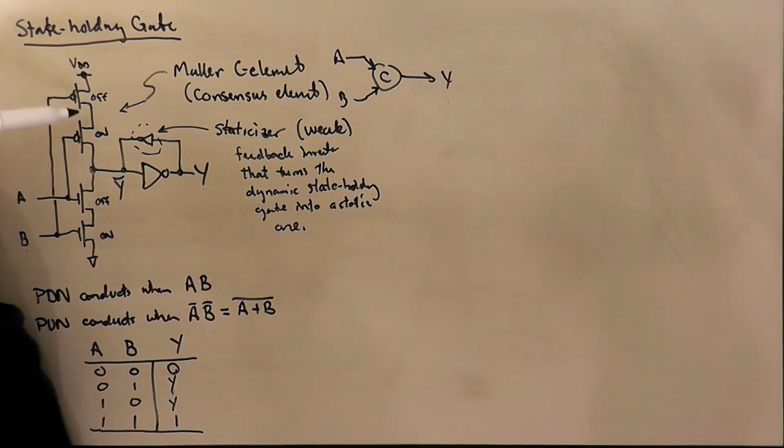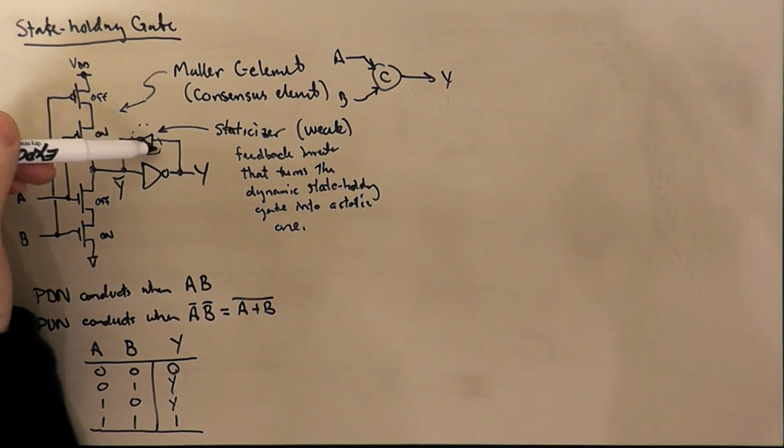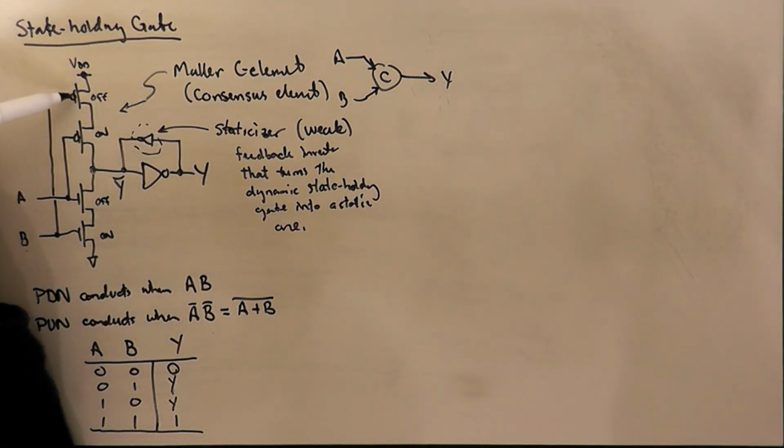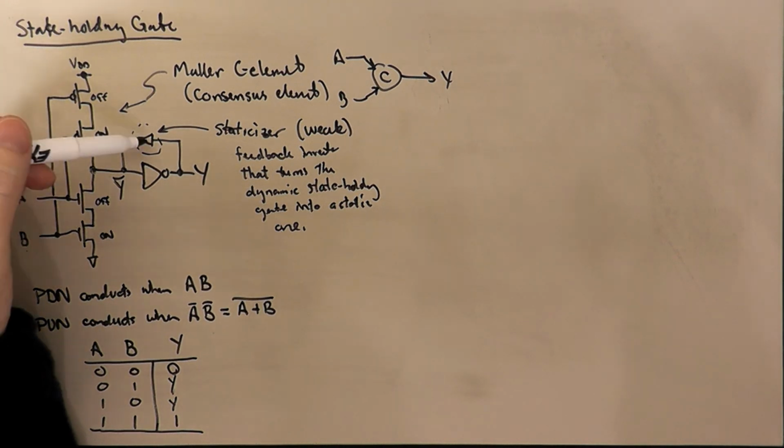You can imagine, especially when I have these two PMOS transistors in series here, fighting against the single NMOS transistor in the pull down of this feedback inverter, these two PMOS transistors in series may have a hard time overwriting or overpowering that feedback inverter unless we make this feedback inverter quite weak.